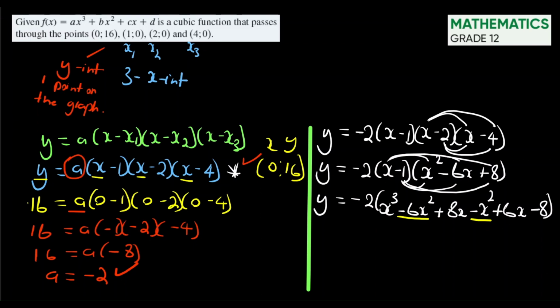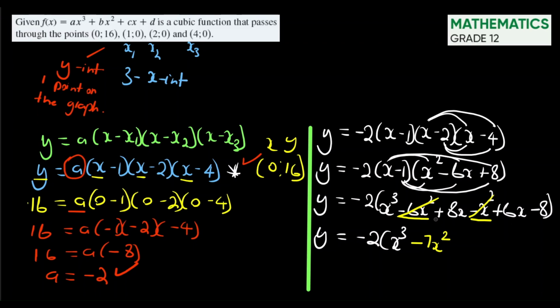So we know we're going to be pairing those together, either adding or subtracting them accordingly. x cubed is alone, so we just keep it that way. -6x squared minus x squared will give us -7x squared. We can also cancel them there, so that we're not inundated by values and numbers.